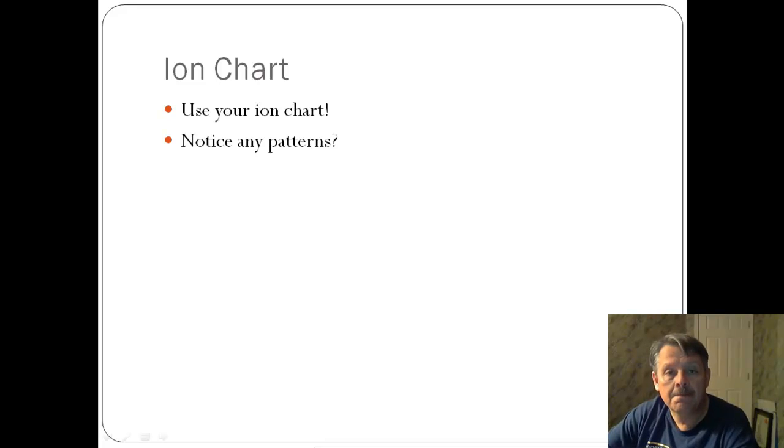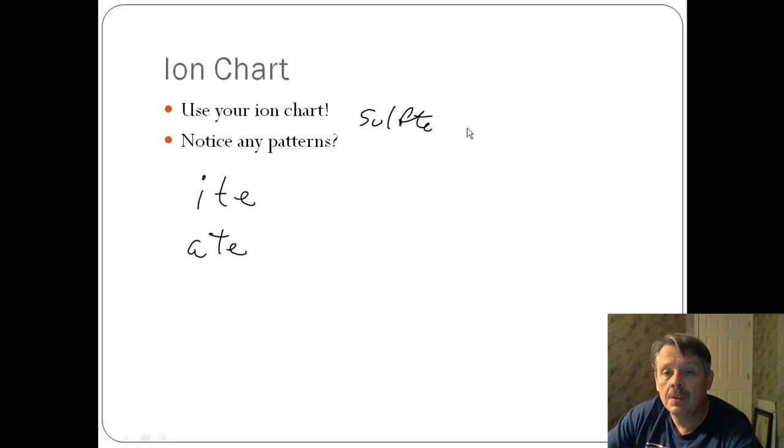All right. Use your ion chart, folks. You're given one. It's in your packet. You need to use them. You should notice some patterns in them. For example, you should notice that there are polyatomic ions that end in ITE and ATE. For example, we have sulfate, which is SO4. It has a 2- charge.